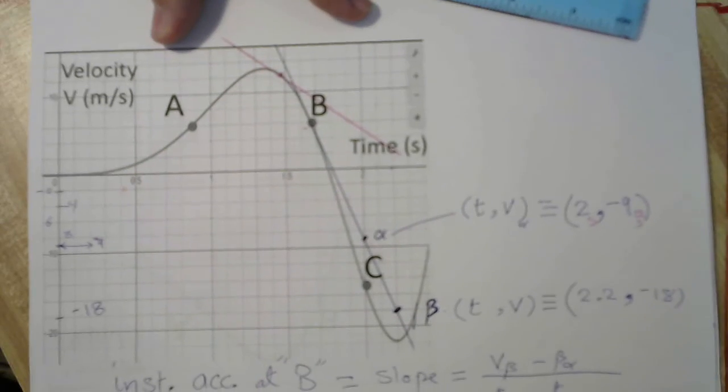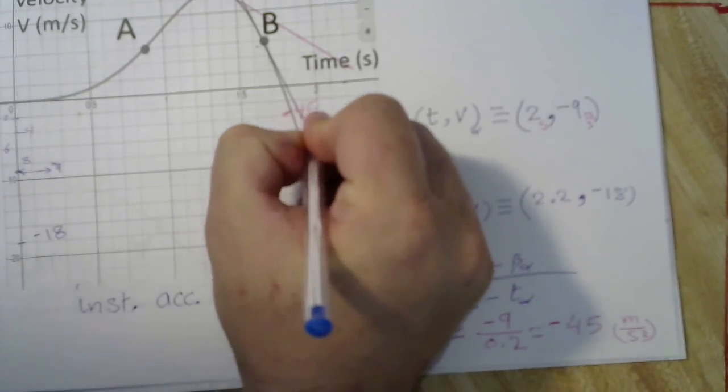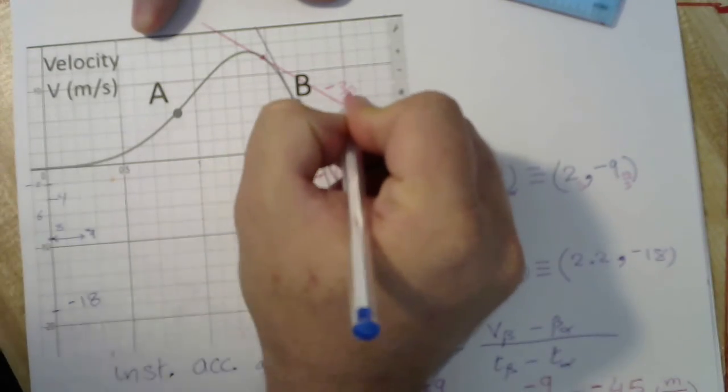Maybe if this one is negative 45, maybe this one is negative 30.